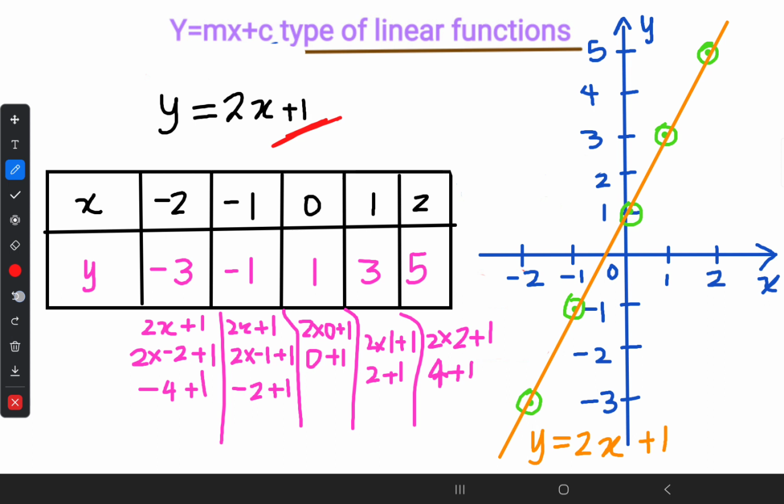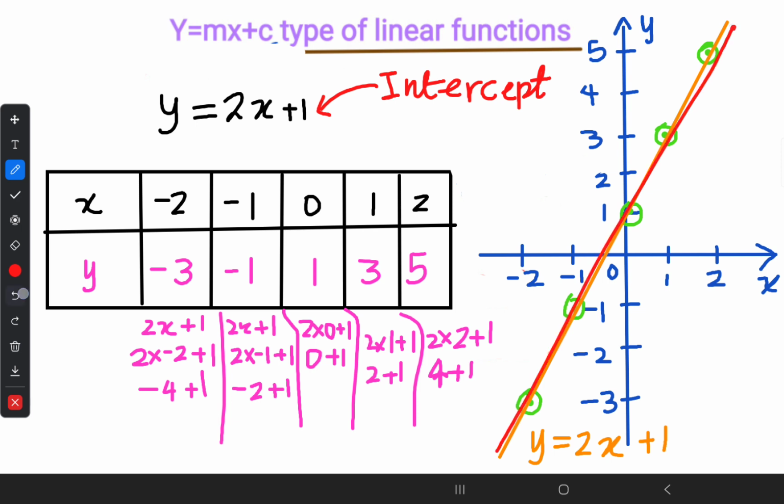Next, this positive one is called the intercept. In these kinds of graphs, the intercept shows where our function intersects with the y-axis. This is our y-axis, this is our function. By observing that, we can clearly see in the formula the positive 1.